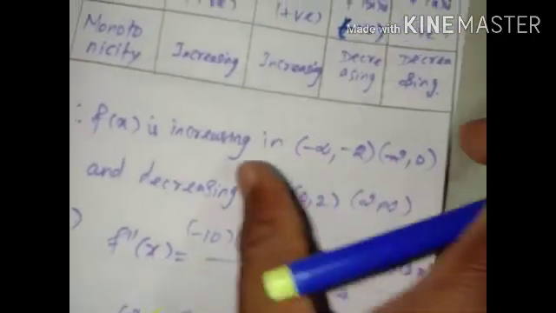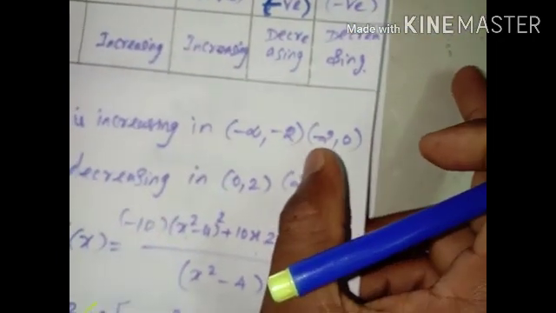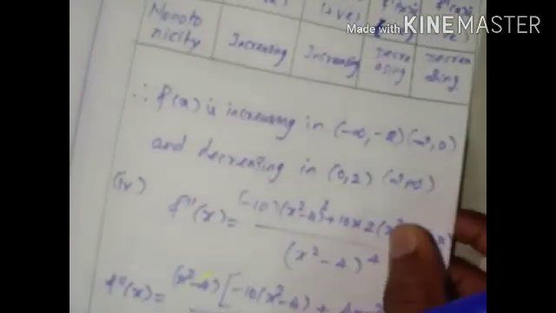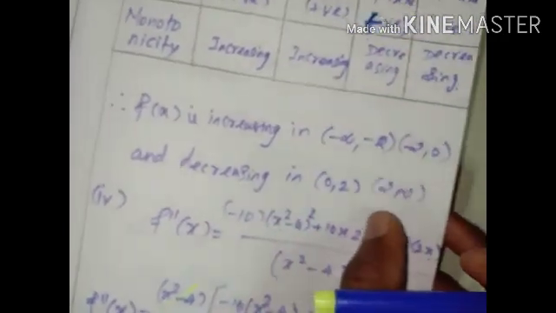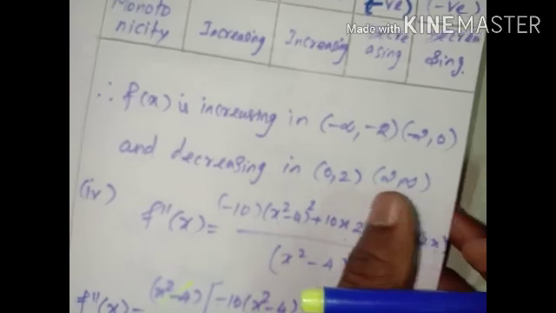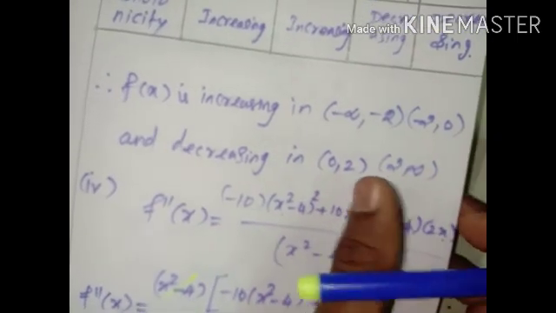Next one, another increasing interval is minus 2 to 0. Next, the decreasing interval is 0 to 2.